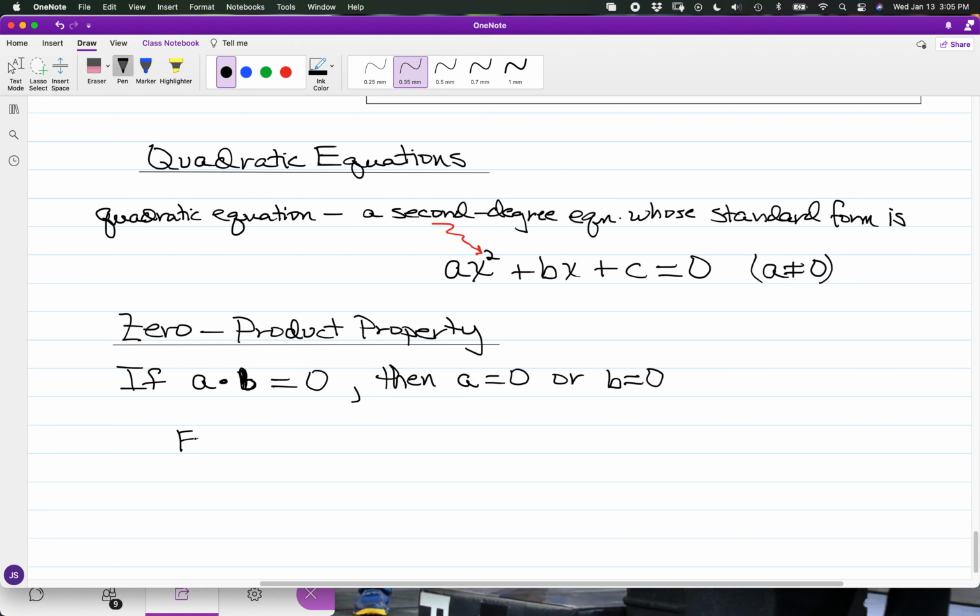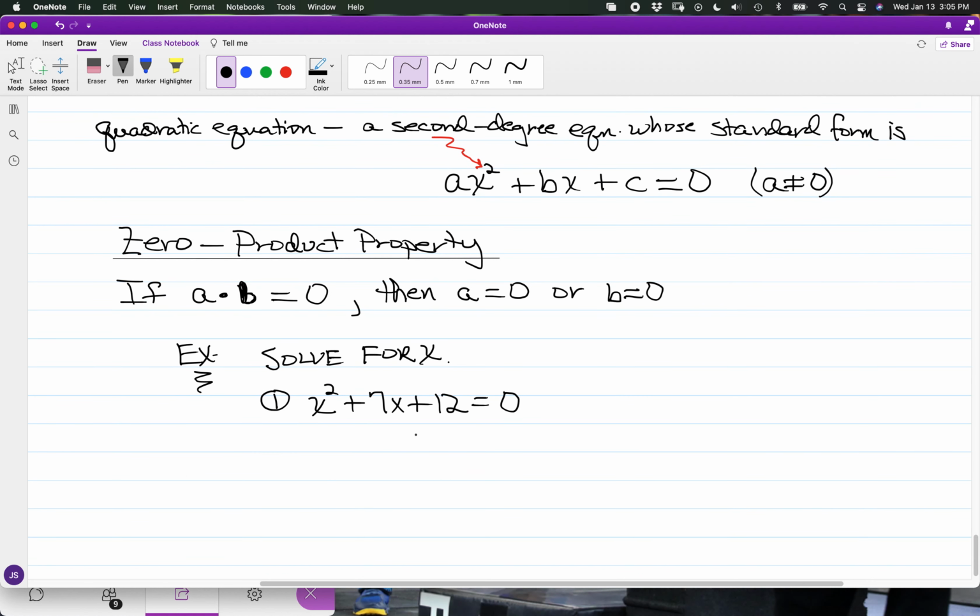We can take just as an example, in solving for x, let's say we have x squared plus 7x plus 12 is equal to 0. And just looking at what we have here, you're looking at the values of x such that x squared plus 7x plus 12 is equal to 0.